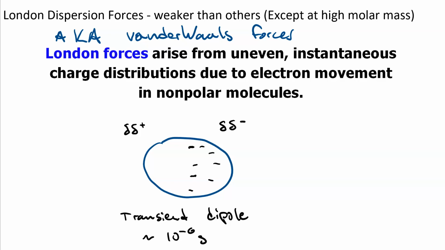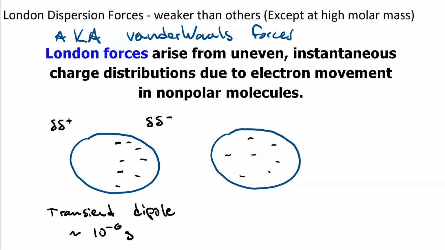Okay. Now when that transient dipole is in proximity with another molecule that starts out with even charge distribution, well, the electron buildup on the right-hand side of the transient dipole pushes on the electron density of the other molecule and moves it. Repels it.